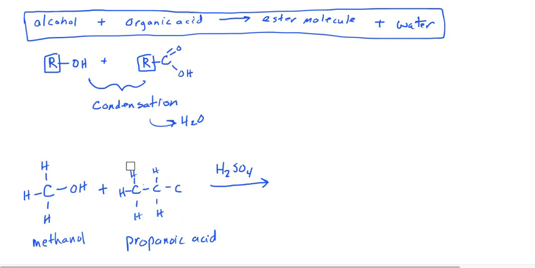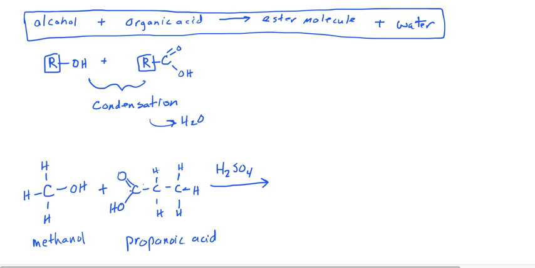Let's flip the molecule over. All I'm doing is flipping it 180 degrees, which is what happens in real life anyway. These things are always flipping and rolling and moving all over the place.